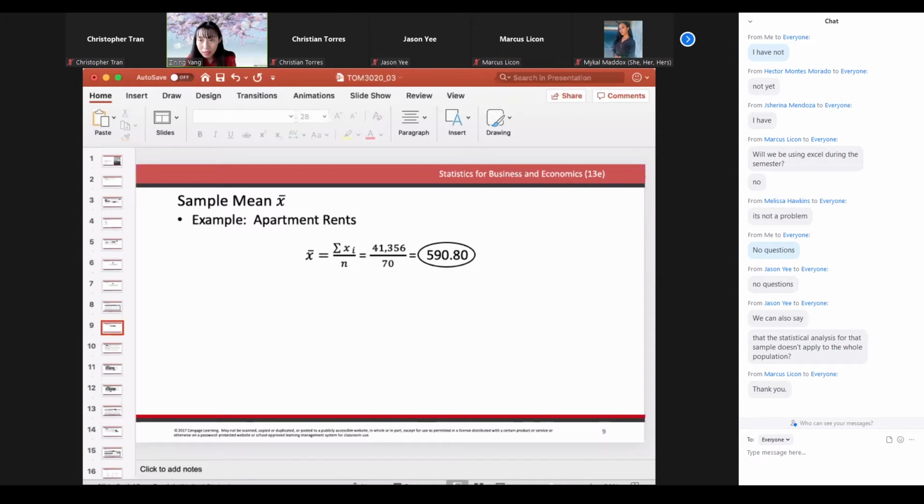The statistical analysis for the sample. Like I said, the sample statistic will serve as an estimator for the population. If our sample is taken randomly, right? I hope you read this from the textbook. If we randomly select, the sample should represent the population very well.